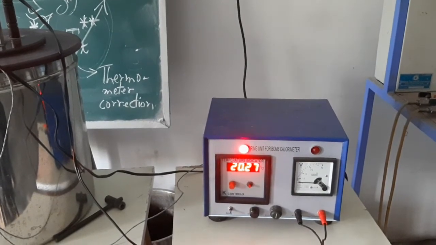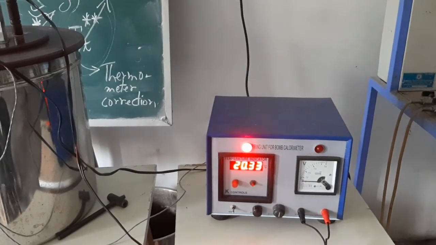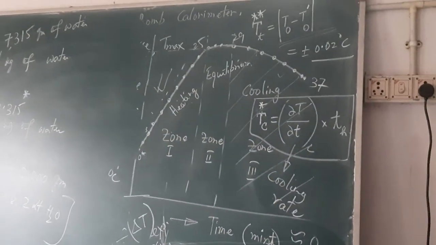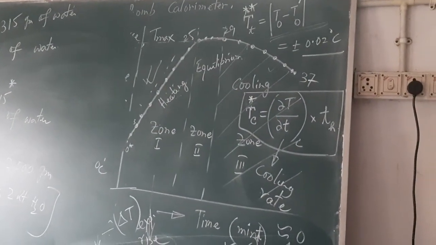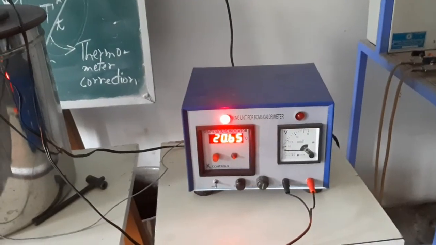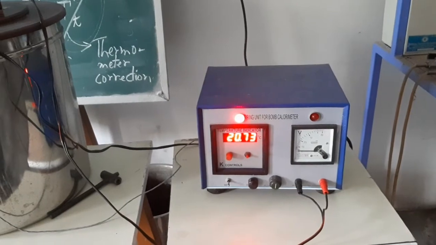So in zone 1, as we have shown in the graph, there is a sharp rise in temperature in the heating zone, and that is from these temperature recordings.